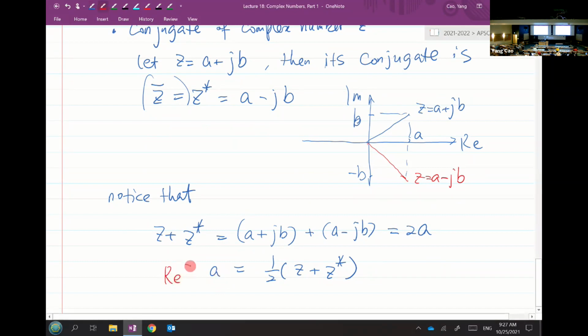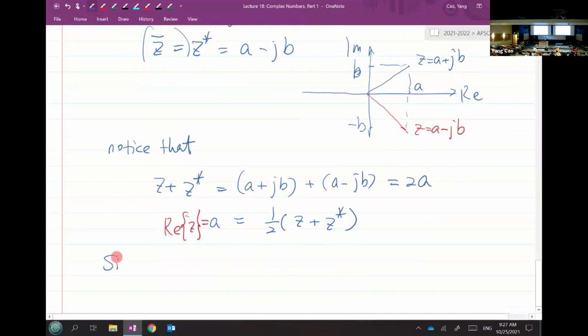So the operation over here, the addition of the complex number plus its conjugate divided by 2, actually gives you the real part of this complex number Z. And similarly, you can subtract the two, and this time divide by 2j, and you can get the imaginary part of this complex number, B. So this is your imaginary part.